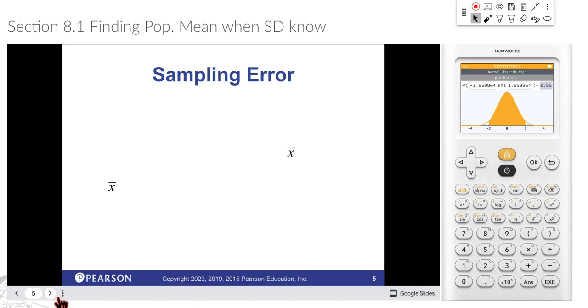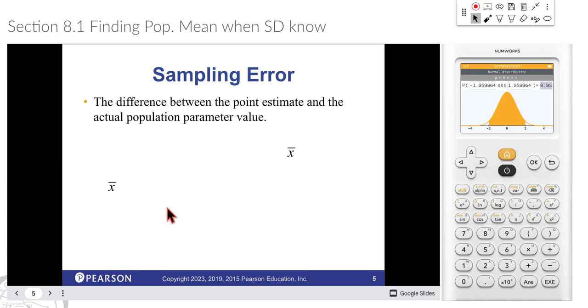Remember, this was one of our last sections that we did just before the exam. It's the difference between the point estimate and the actual population parameter value. So for the mean of a population, the sampling error would be the difference between the sample mean and the population mean.